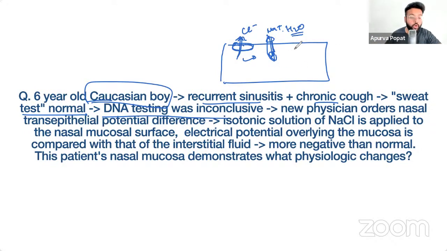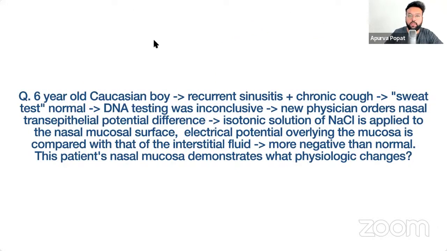So relatively, what is your membrane potential becoming? If you absorb more positive charge inside, what is your membrane potential becoming? More negative. Okay, more negative. That's the reason why nasal transepithelial potential difference is negative in cystic fibrosis patients. That is what is written in the table.